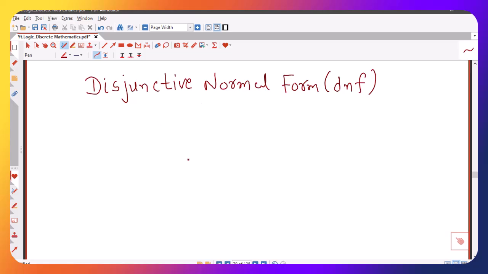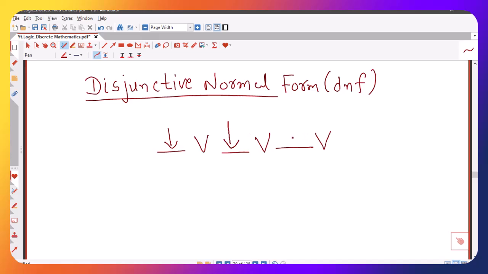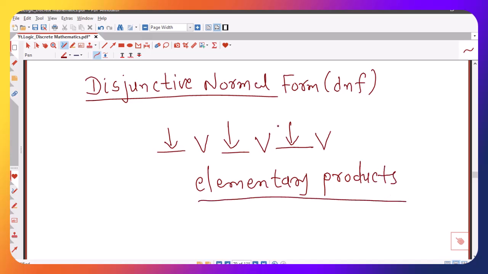Disjunctive normal form is this type of form, where we use the OR operator and elementary products. It is that form of a given formula which is a sum of elementary products, or a disjunction of elementary conjunctions.